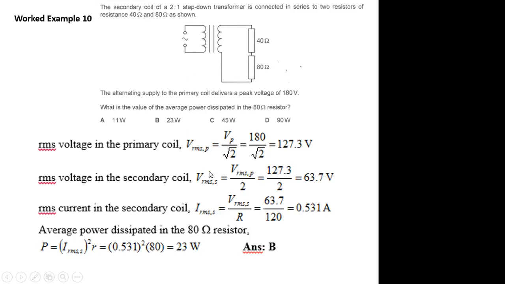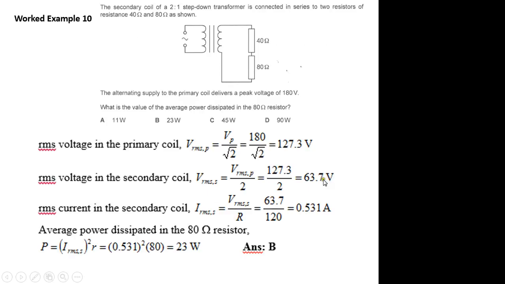So knowing that, you know Vs over Vp is Ns over Np. So you bring Vp up, the root mean square voltage at the primary side over 2 gives you the root mean square voltage on the secondary side. This is how you should read it: VRMS, comma S, S means secondary side, which is on the circuit side. Once you have that, then you just use your favorite equation, V equals IR.